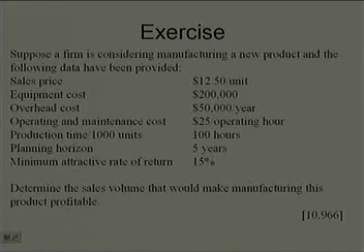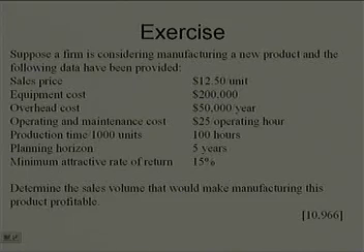The overhead cost is $50,000 every year. The operating and maintenance cost is $25 per operating hour. That means if you are operating 1 hour, it will be costing you $25. If you are operating for 2 hours, it will be $50.